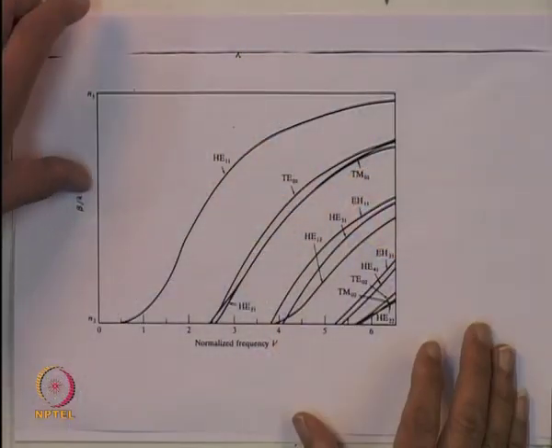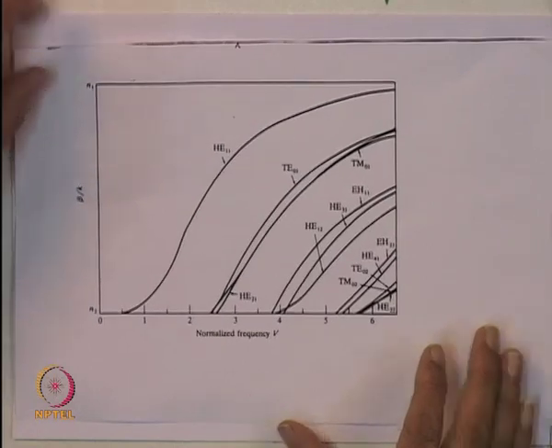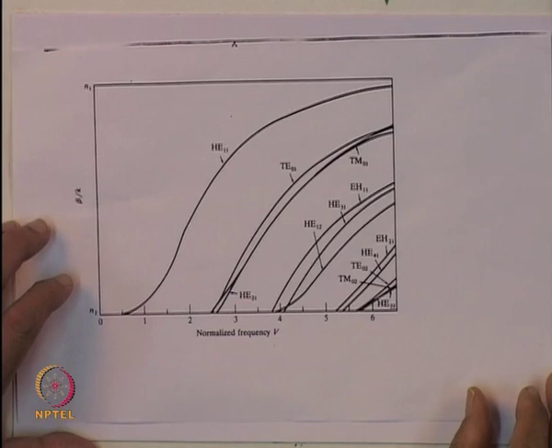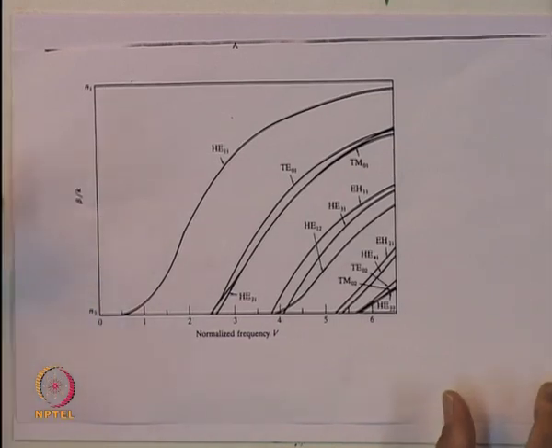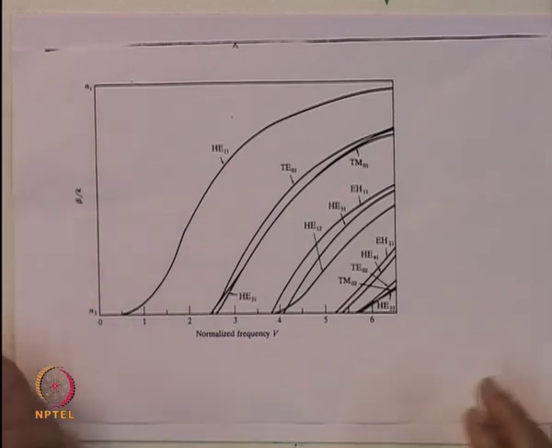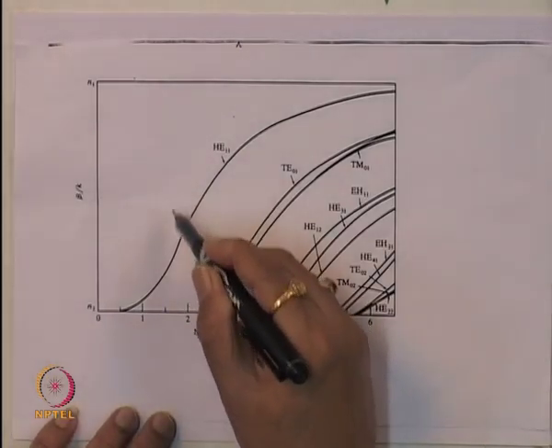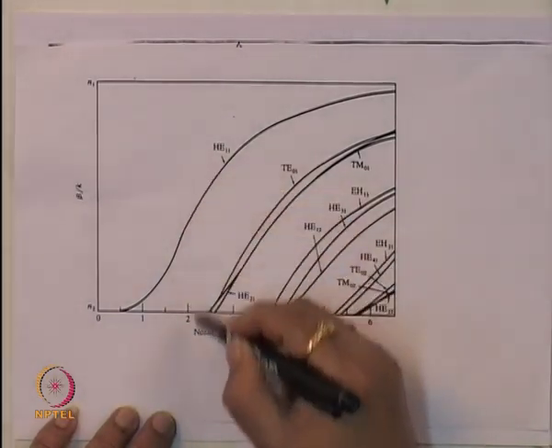So, one can ask a simple question. If I have a V number which is, let us say, 2, then the V squared by 2 expression will give me V equal to 2, so V squared is 4 divided by 2. So, it will give me 2 modes. Whereas, if I look at the BV diagram here, I can see very clearly that for this V number, there are no 2 modes propagating.